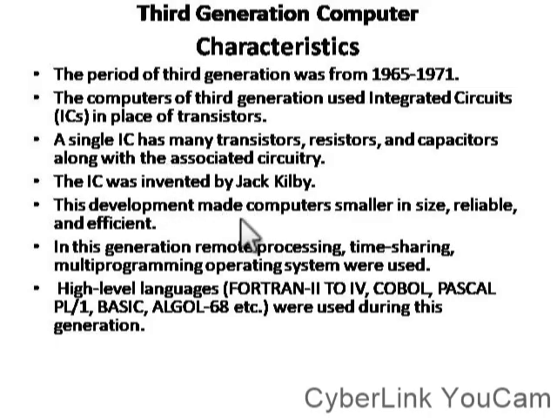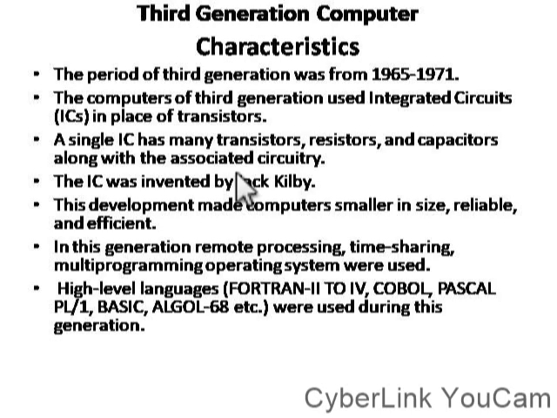So you can say that the third generation is the milestone for today's modern computer system, where ICs were introduced, and because of ICs the size of the computer became smaller. In this generation, remote processing, time sharing and multi-programming OS were used, and high-level languages were also used.